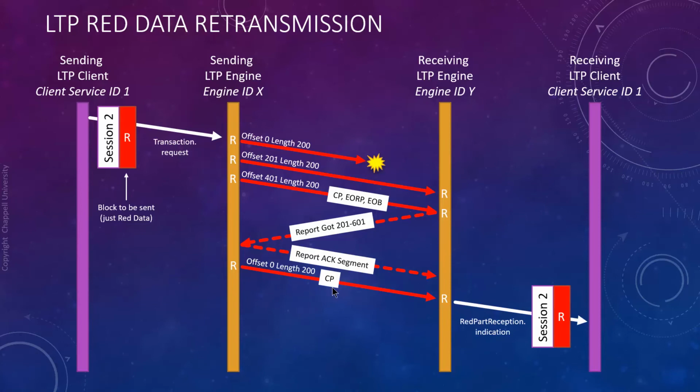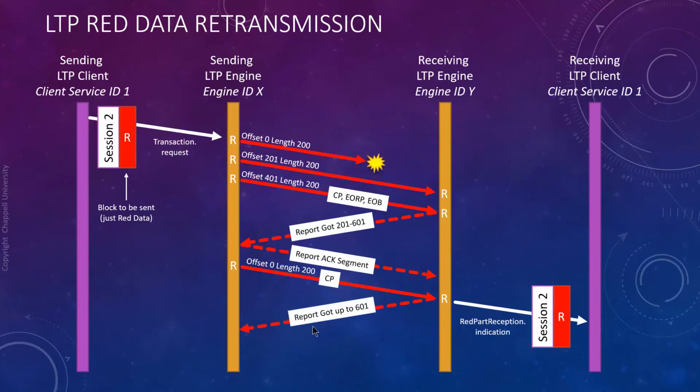Now at this point, it's just marked as checkpoint. We can't mark this as end of block because the end of the block was up above. We've already sent the end of block. We aren't going to mark this as the end of the red part either down here because that was up here. What we will do is mark this with checkpoint, saying, listen, we need to get a report back so we know you received this.